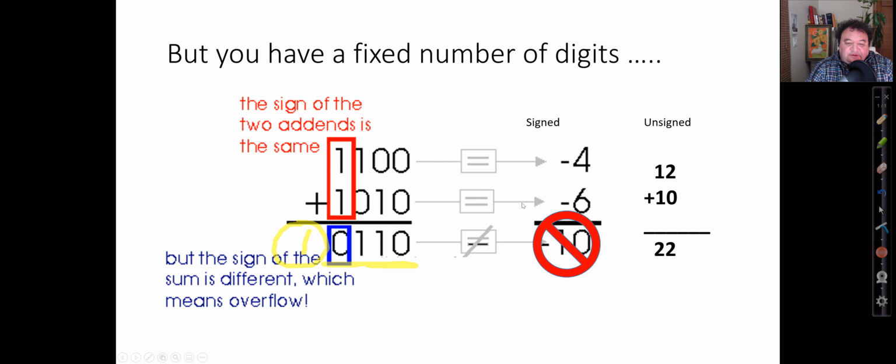So if this was unsigned and we had the additional bit, then this would be 12 plus 10, 22. But again, given that we do not have this extra bit, we have 12 plus 10 equals 6. So in this case, we get a wrong result.